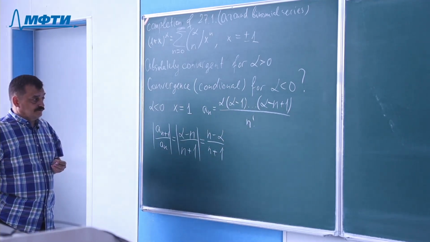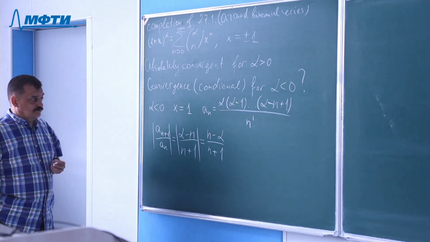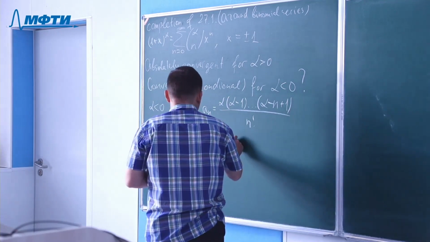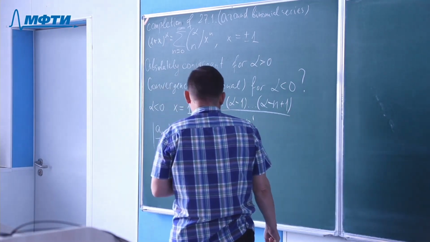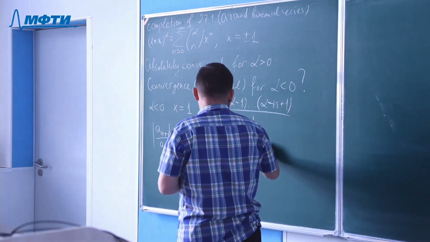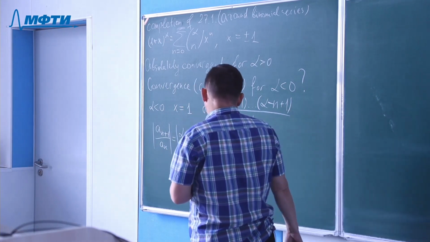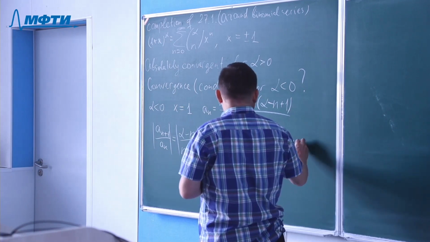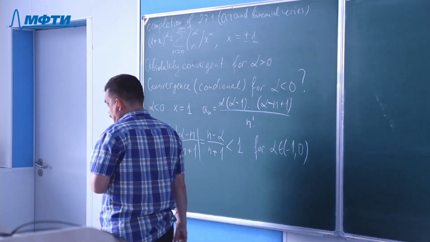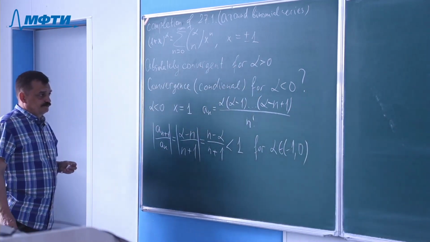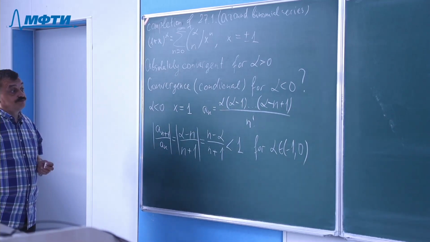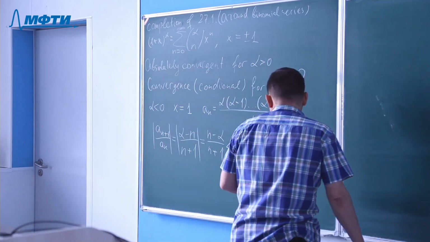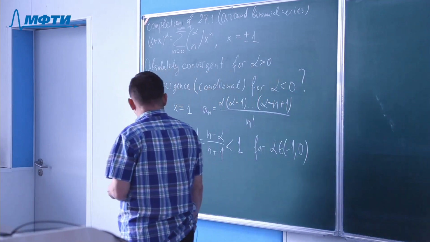And this is less than 1 for which values of alpha? Between minus 1 and 0. That was observed during the last lecture.